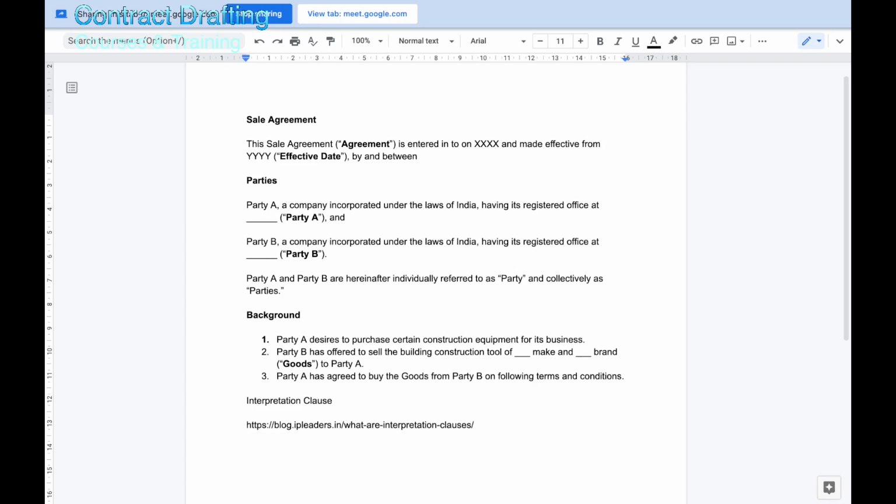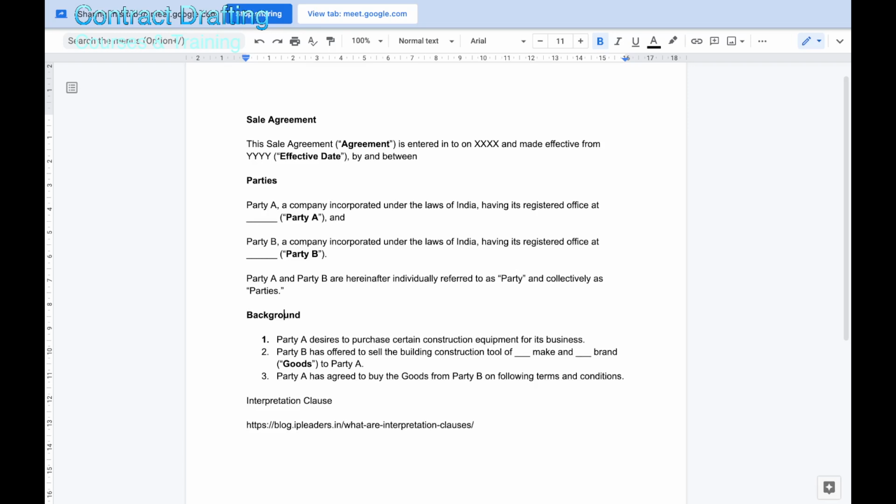Then there is a background section or recital section. So we have defined the transaction, the recital of the transaction, as 1 and 2 and 3 sentence. So party A desires to purchase certain construction equipment for its business.